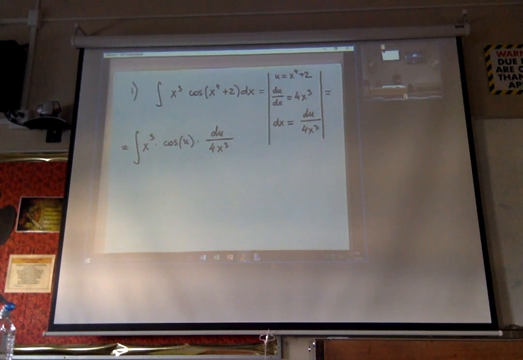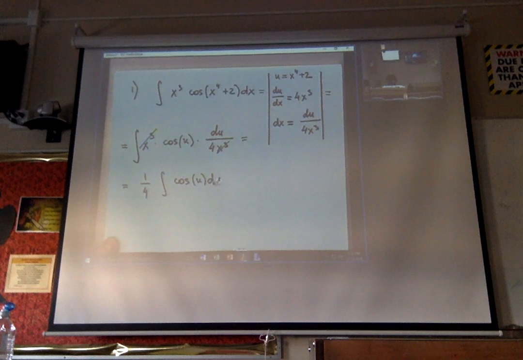And overall, you hope right now that you still can cancel something, right? Because again, when you finish with canceling, you should not have any x's. What do you see? This will be canceled, right? And the other thing is, can you pull out 1 over 4 outside of the integral? Can you see 1 over 4? So you pull out 1 over 4 and you get integral of cosine of u du.